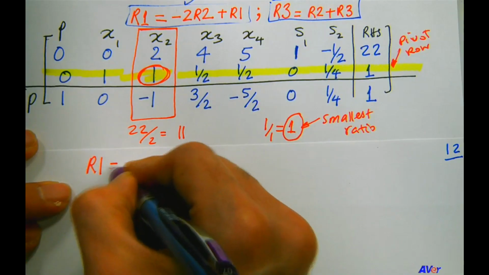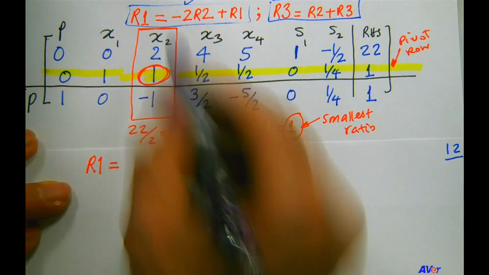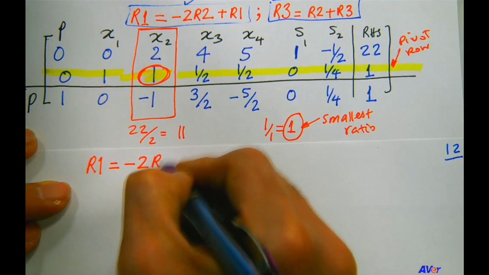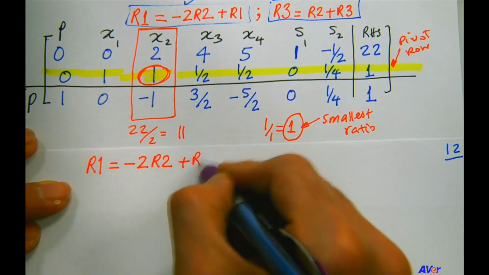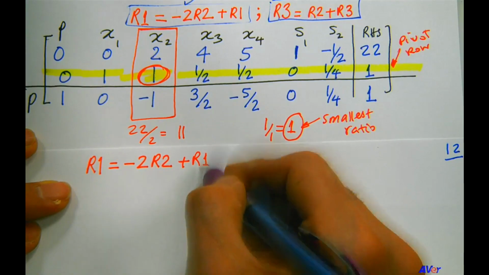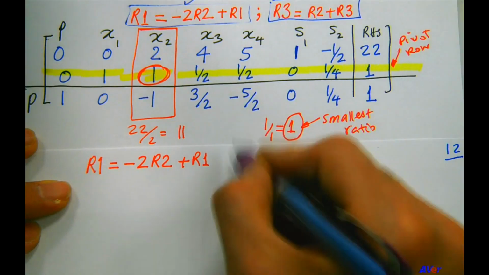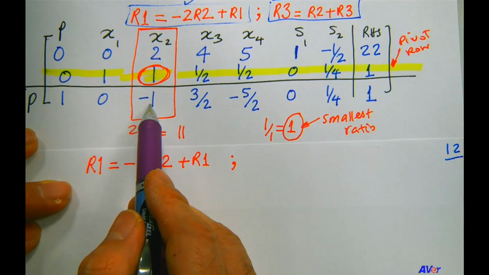Row 1, because 2 is in row 1, so we're changing row 1. Row 1 is equal to minus 2 times row 2 plus row 1. That operation is going to help us convert this 2 to 0. Okay? So we're going to need a row operation to convert this negative 1 to 0.